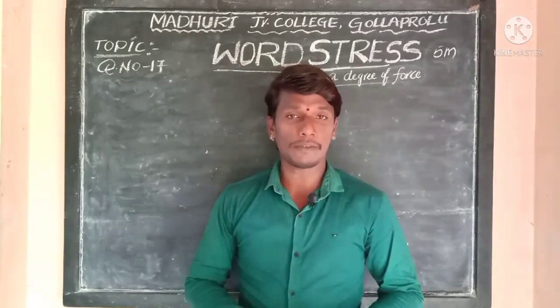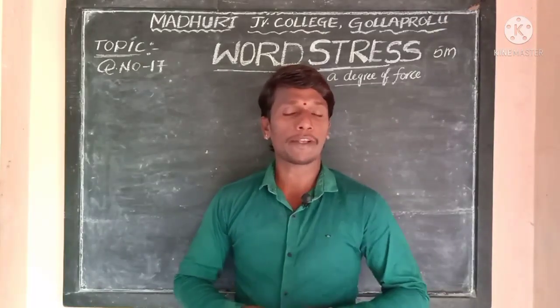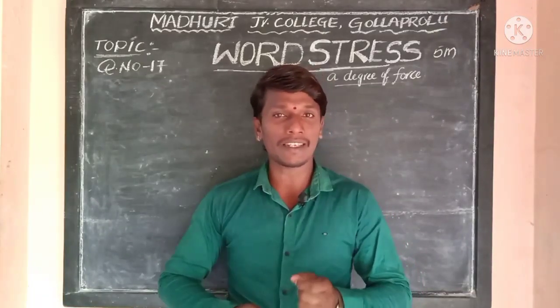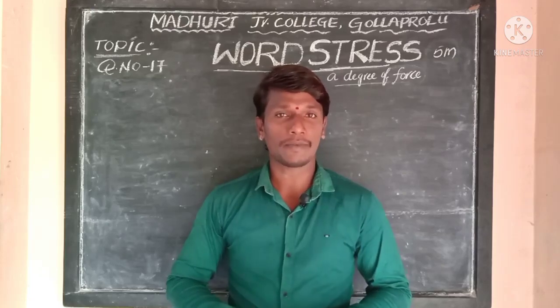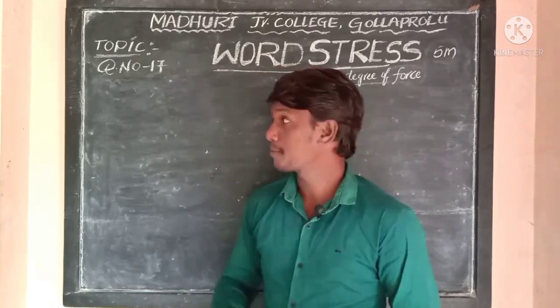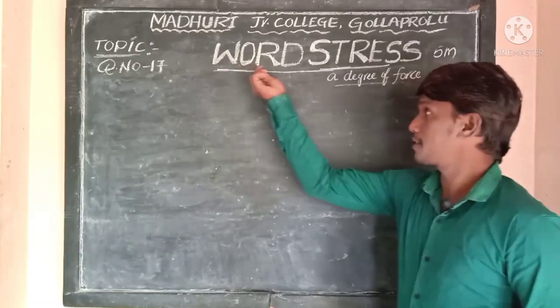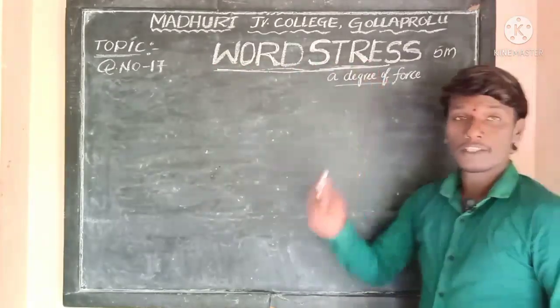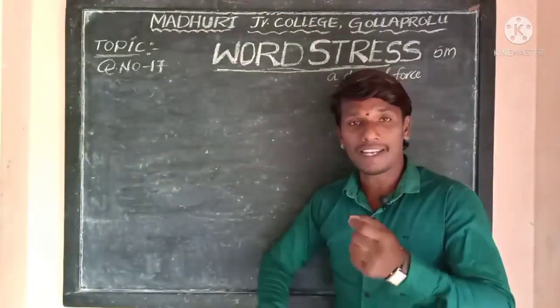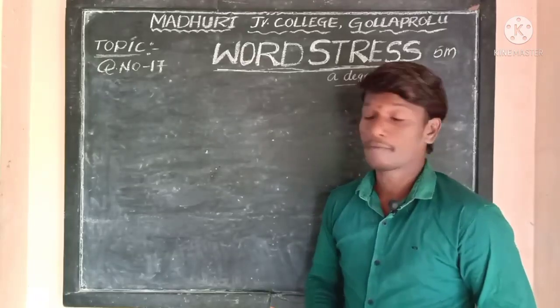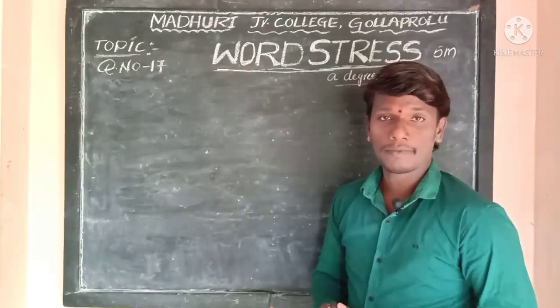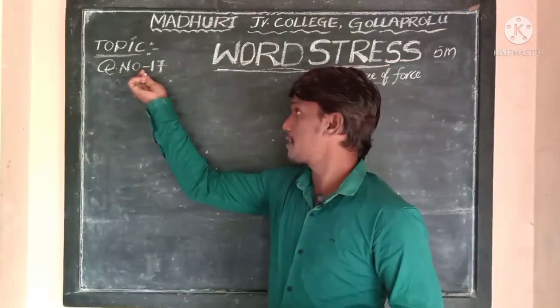And in this class of video today, we are going to talk about a second year intermediate grammar topic, that is word stress. Word stress is a second year intermediate grammar topic which is tested under question number 17.